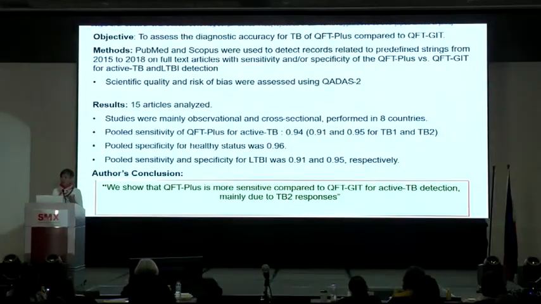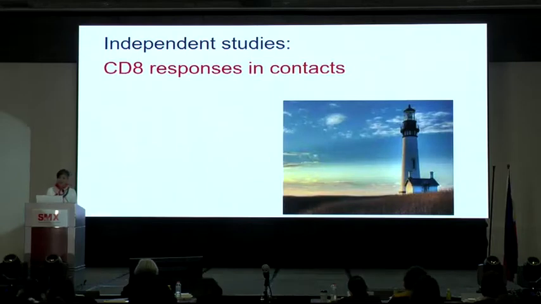So basically their conclusion was that QuantiFERON Plus was more sensitive than QuantiFERON Gold In-Tube for active TB, and that was mainly due to TB2. Again, this shows you the value of the CD8 antigens in that tube.